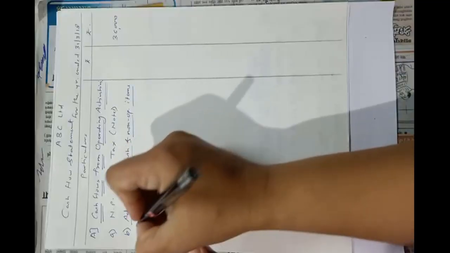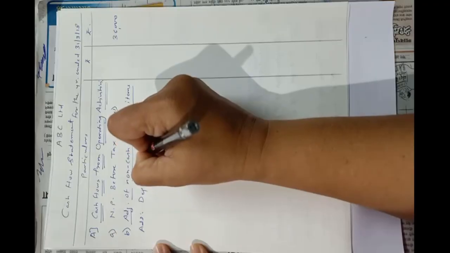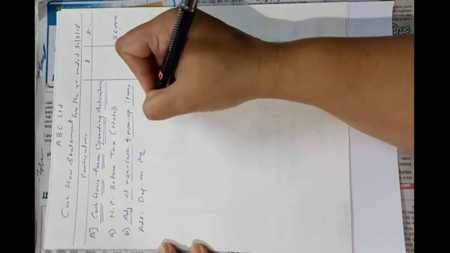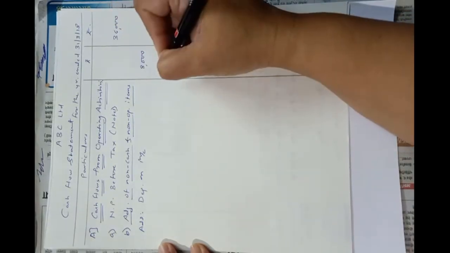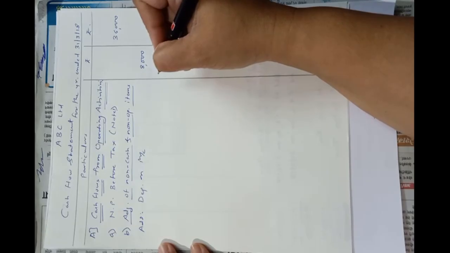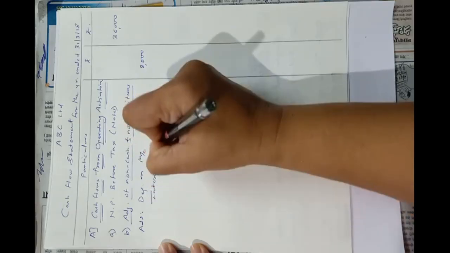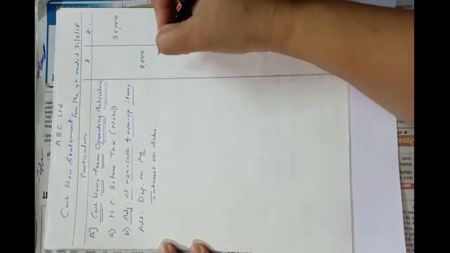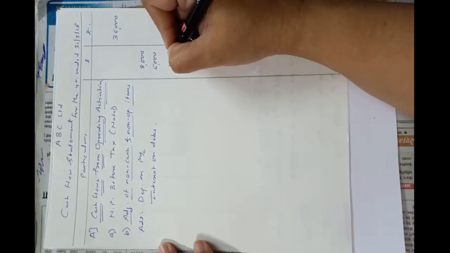So let's add depreciation on machinery, that is on fixed tangible asset, which was 8,000. There is one another item, that is interest on debentures, that is long term borrowings. So interest on debentures, it is given 5,000 in the second adjustment. So two items we have to add here.